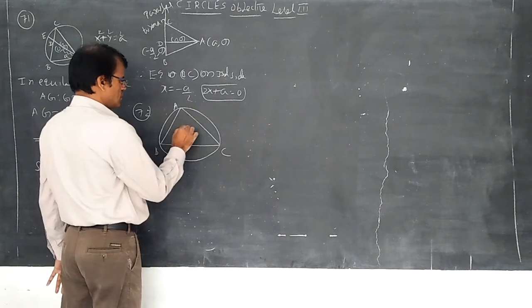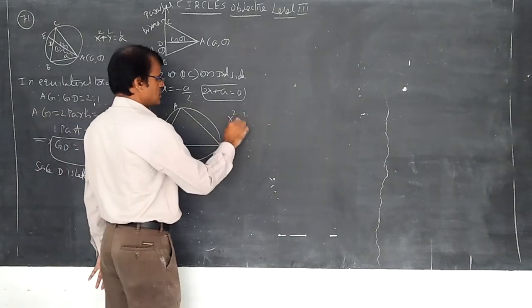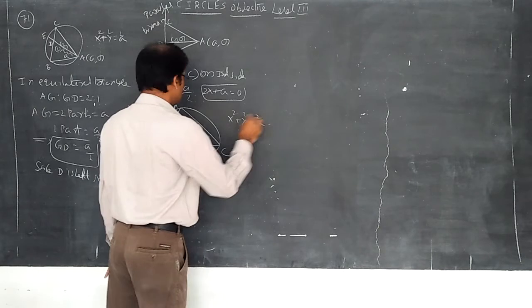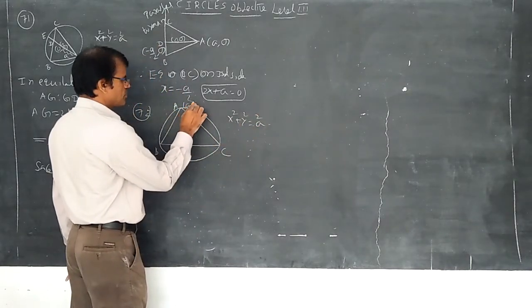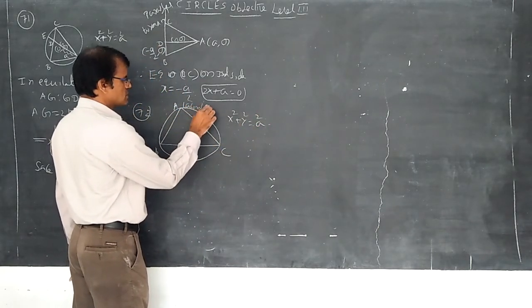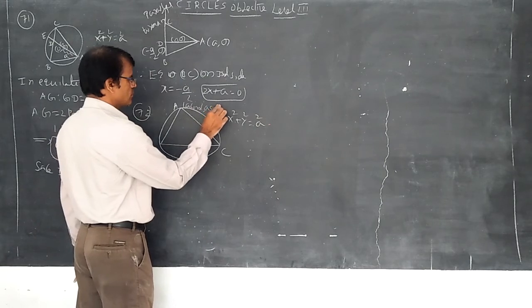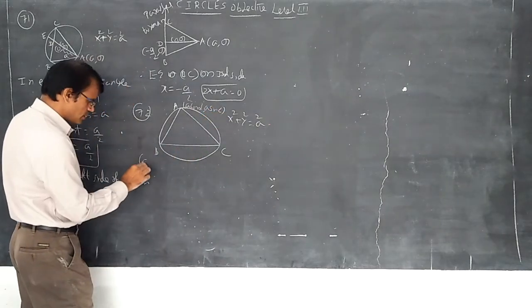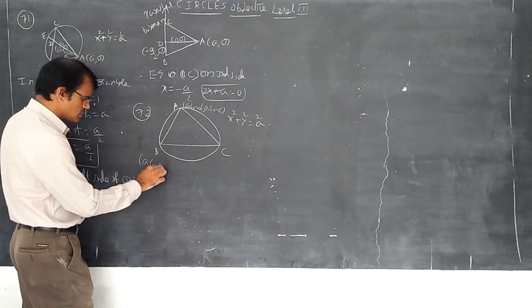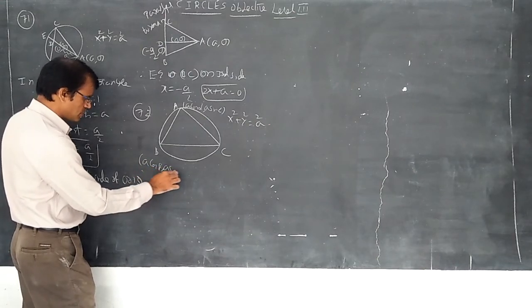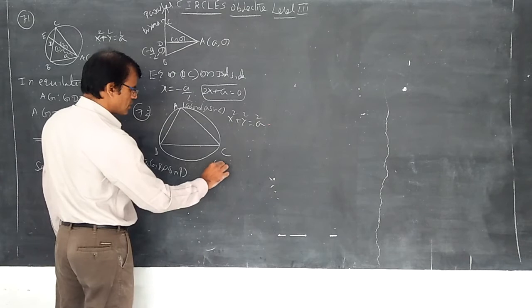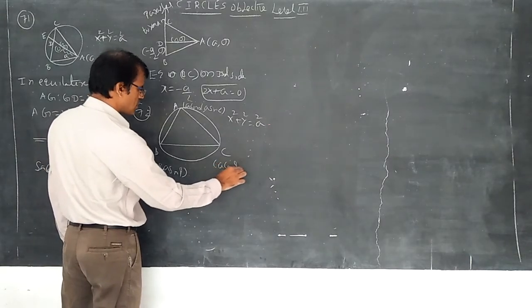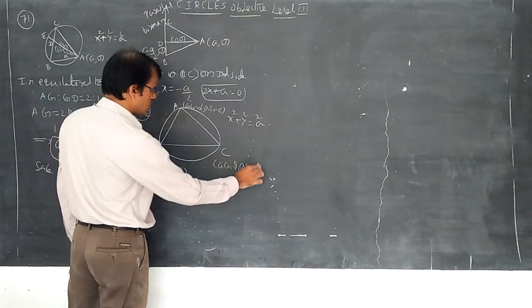The parametric points are given as a cos alpha comma a sin alpha, a cos beta comma a sin beta, and a cos gamma comma a sin gamma.